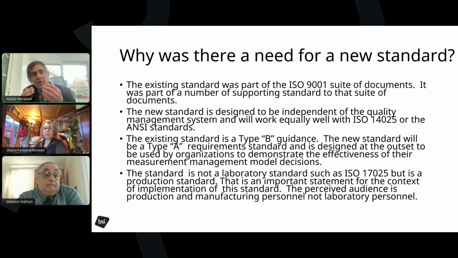What we're doing with this standard is we're setting up a measurement management system for the future for organizations. What the problems are, where things come from with all the different standards.